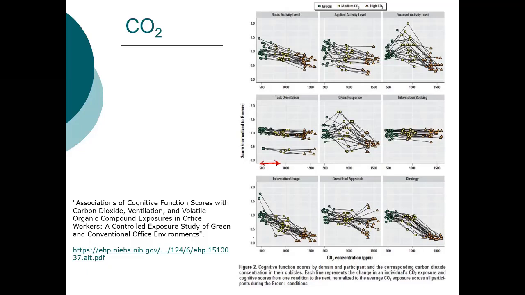Now remember, background level, if you went and measured CO2 level out in the ambient environment, will typically be around 440 or so parts per million in around mid-Michigan. So you're never going to get it much lower than that in most environments.